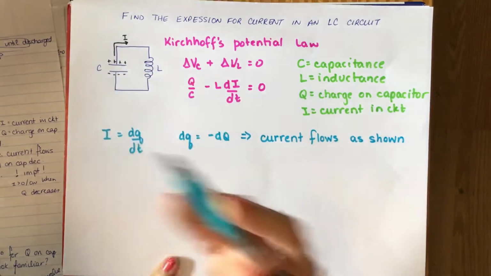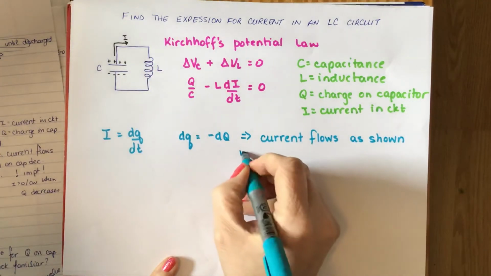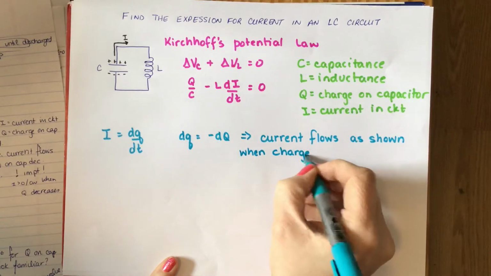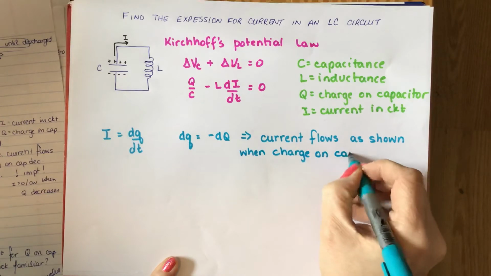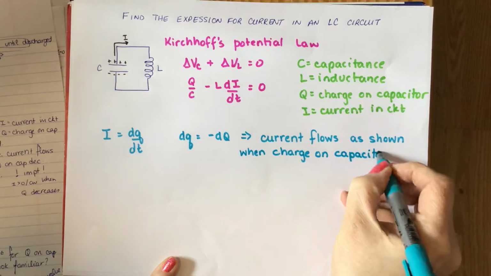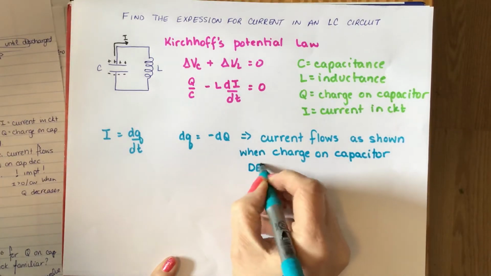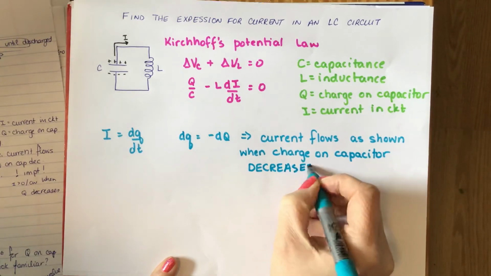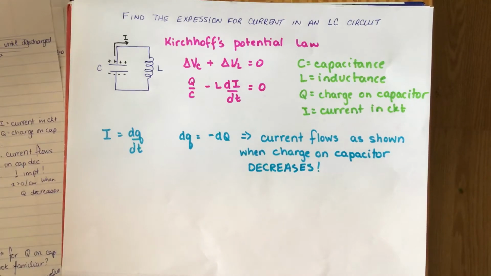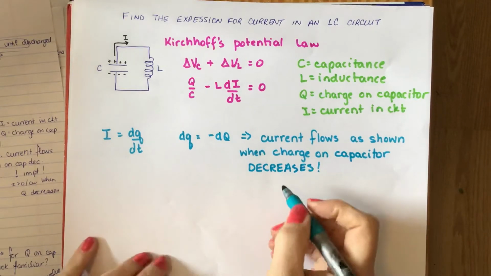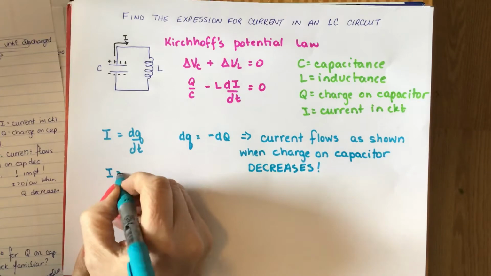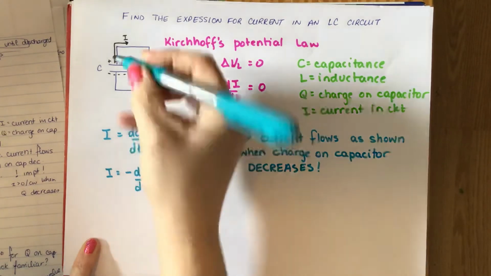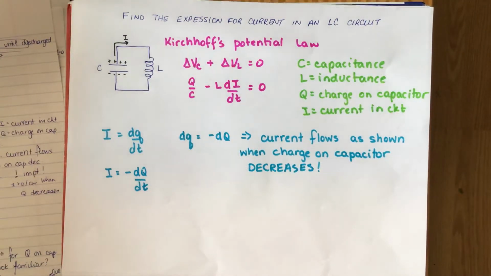If this amount of charge gets smaller, so that's kind of a small thing, but it is actually pretty important because we don't want to get mixed up in our signs and what's moving where. So that tells us that the current in the circuit is minus dQ dt. We get the current flow when that capacitor charge is decreasing.